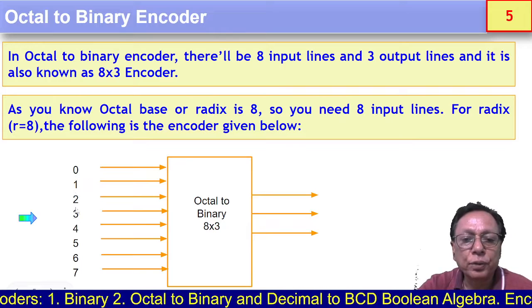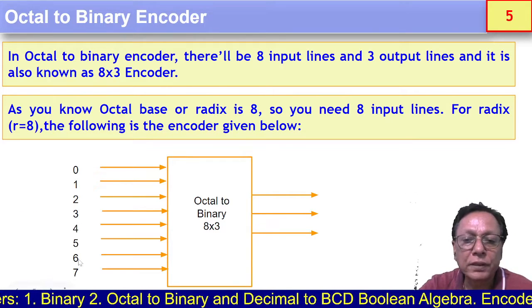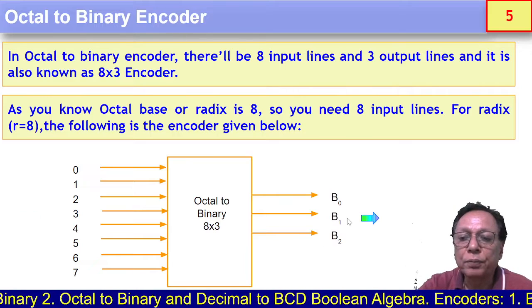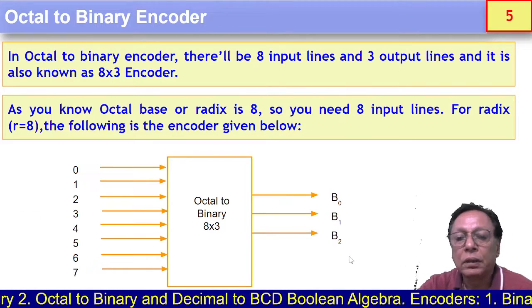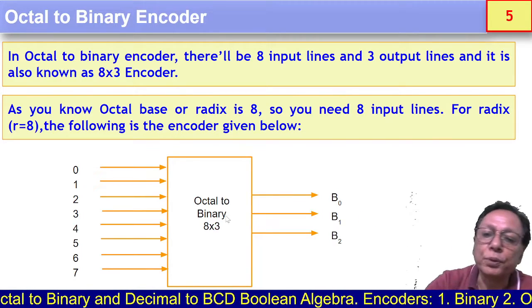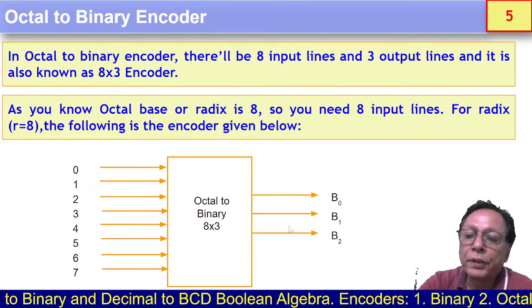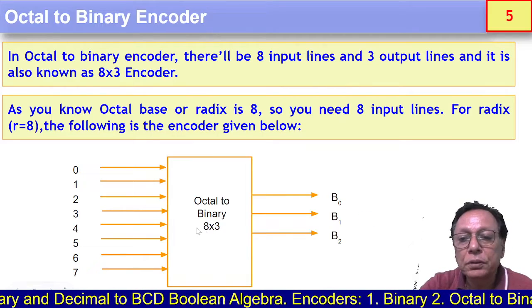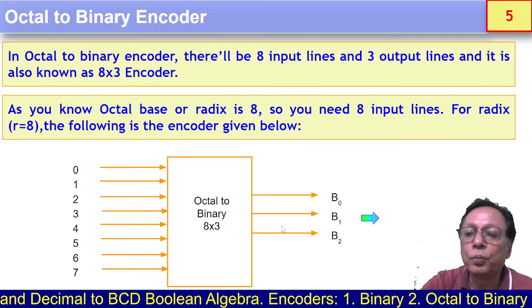So here there are 8 input lines, 0 to 7: 0, 1, 2, 3, 4, 5, 6, 7, and there should be 3 output lines. The output lines are B0, B1, B2. So if there are 8 input lines, this encoder will produce 3 output lines. So multiple input lines will produce a minimum number of outputs.